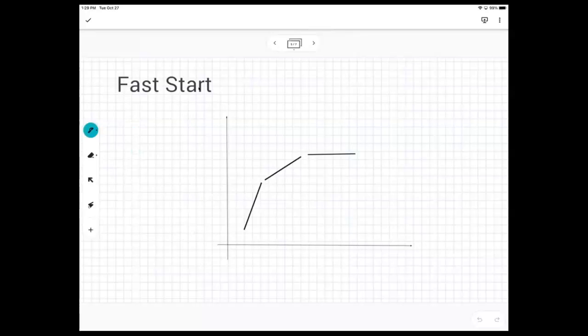So this is another scenario, with three slopes associated here: M1, M2, and M3. All these slopes are positive, but these are very different positive numbers.